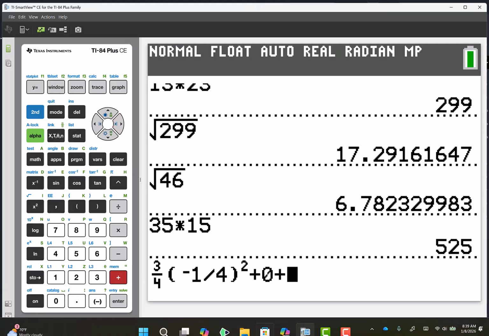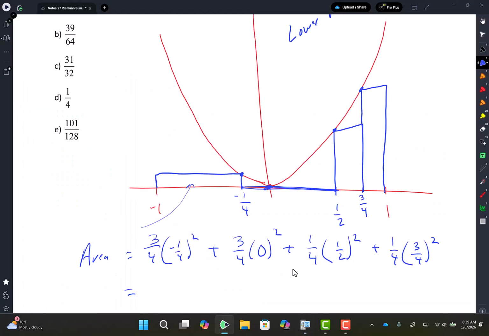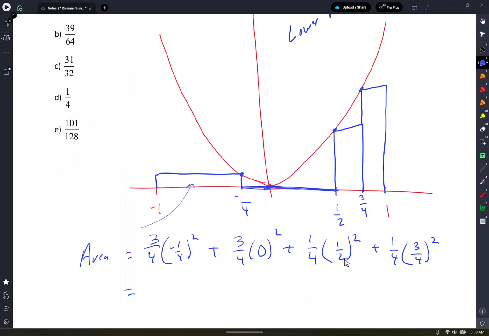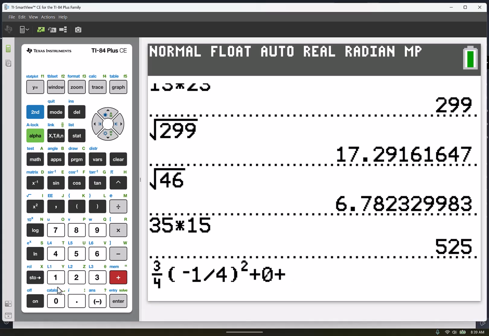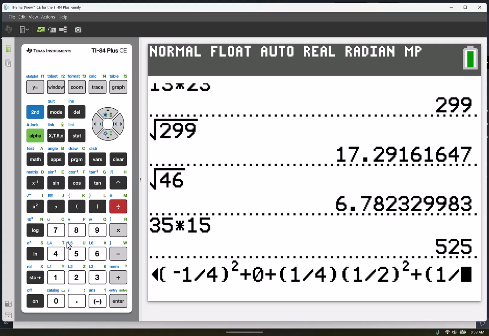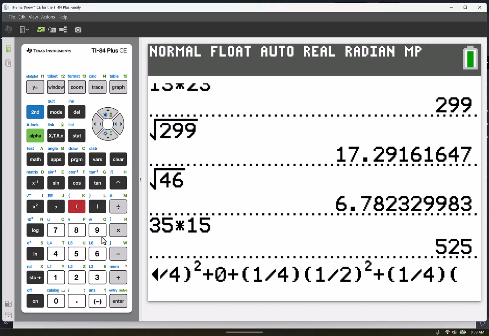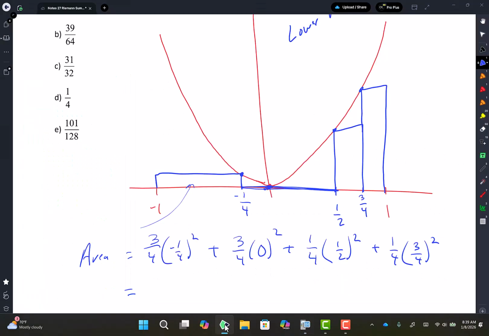So I'm not going to bother with that one. 1/4 half and 1/4 3/4. Okay, let's see if I can remember that. 1/4 with a half squared plus, and I guess I could have factored out the 1/4, but I already stopped here. So 1/4 times, I already forgot, 3/4.